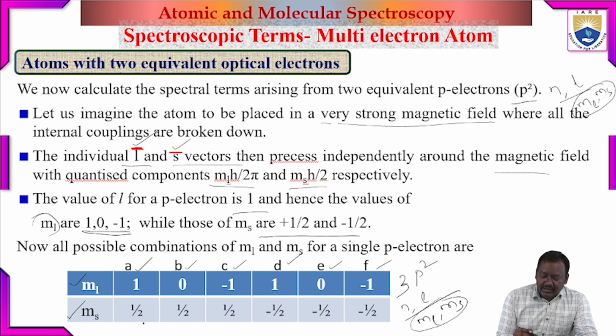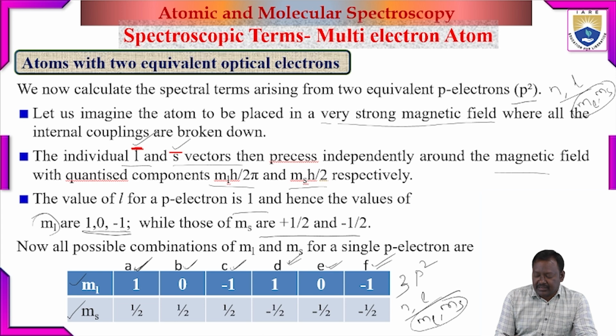If one electron is in a state, let us give the combinations names A, B, C, D and so on. If the electron has ml value 1 and ms value 1 by 2, then the state is represented by A. This is state B, state C, D, E, F. So there can be 6 different states for any electron.